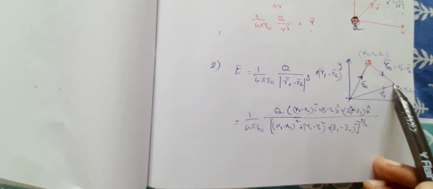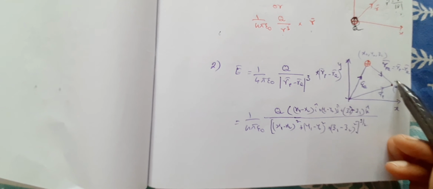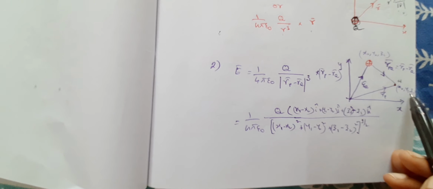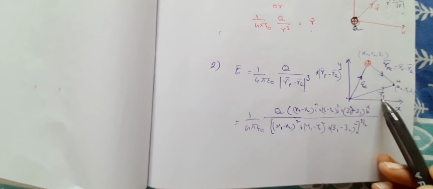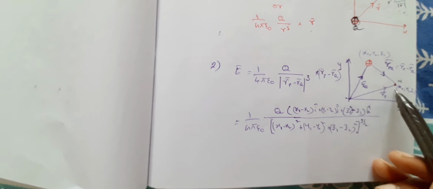And at the point of my interest, where I want to find the electric field strength, I imagine a unit positive charge, and this point is at x1, y1, z1. So this is the position vector of this point, which is r1 bar, and rq bar is the position vector of this one.